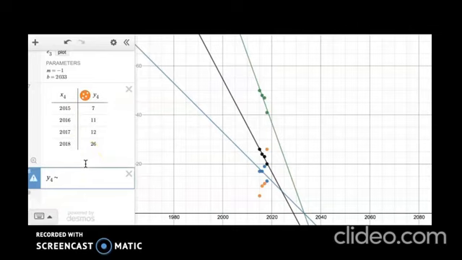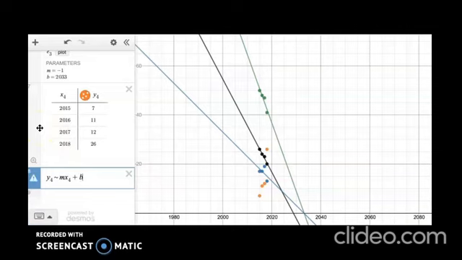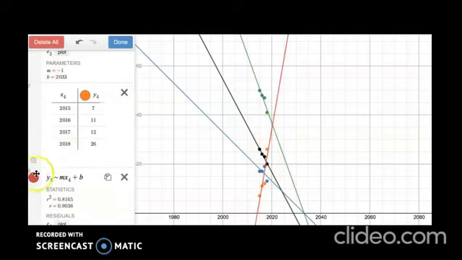And then what does the equation of a linear line look like? mx plus b, right? So we can do mx, but this is x4. We have to account for that column, and then plus b. And looky there, we have this. We could change this color just to make it a little bit easier to follow along.